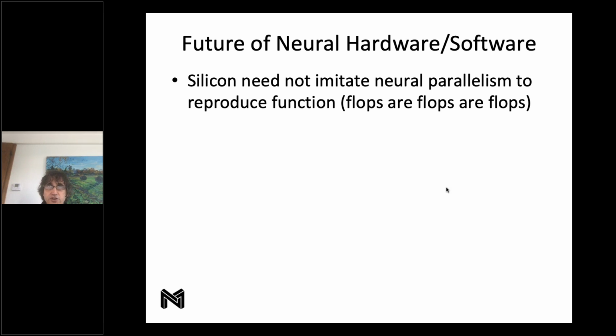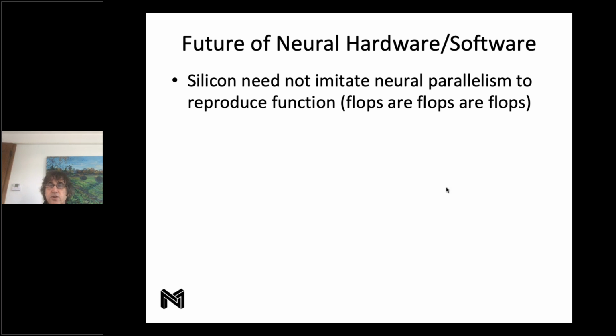Because to get 1 billion instructions, you need 1 billion neurons. But that doesn't mean that when I do this with silicon, I need to do the same thing. I can do 1 billion operations in silicon sequentially on a modern processor. A modern processor will do 10 billion operations per second. So I don't need parallelism in silicon in the same way that I needed it in the brain.